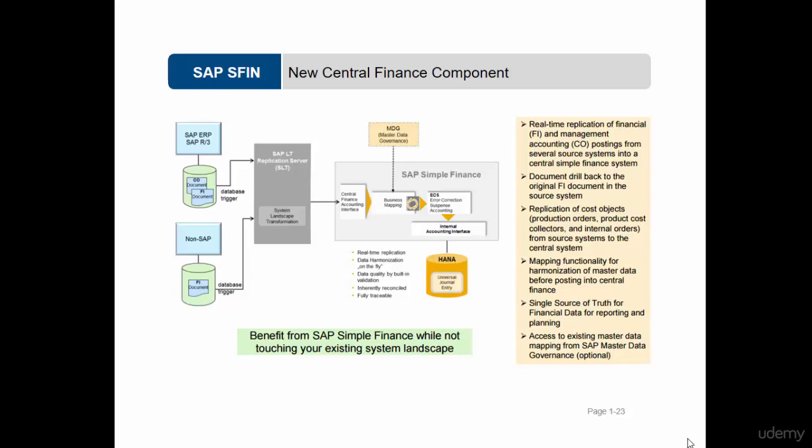Build a CFS, centralized finance system, subsidiary by subsidiary, considering all financial processes. Therefore, this means standardizing and harmonizing all processes from the beginning. 2. Standardize and harmonize one process and deploy SAP Simple Finance using its central finance deployment option as a centralized system for this purpose.